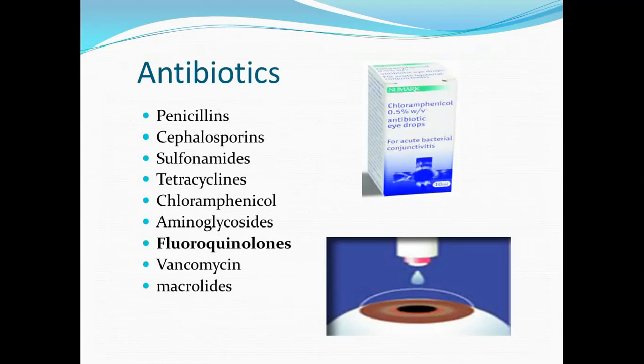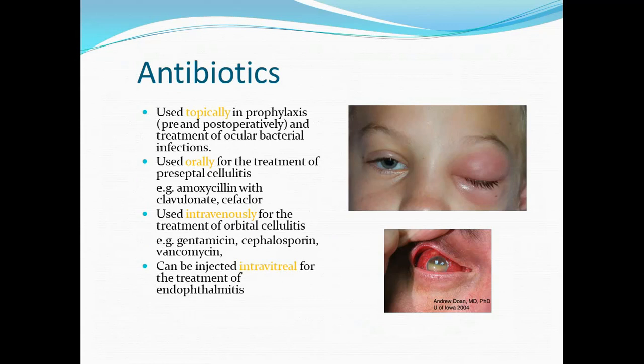There are a wide variety of antibiotics which can be used in ophthalmology. But the most common ones which are used are fluoroquinolones. Apart from that, even tetracyclines and tobramycin are also used. What are the indications for antibiotics in ophthalmology? They are used topically in prophylaxis and treatment of ocular bacterial infection.